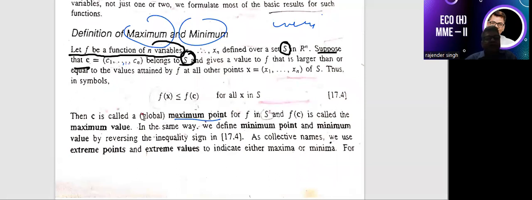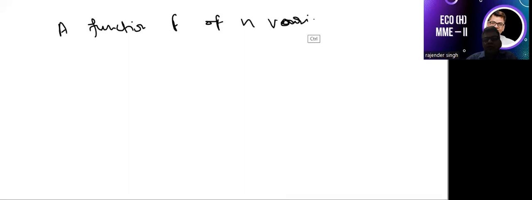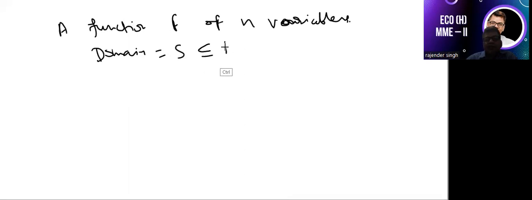That means if I say a function f of n variables, its domain S should be the subset of n tuples, right? That means each of the members of the set S has n entries in them.